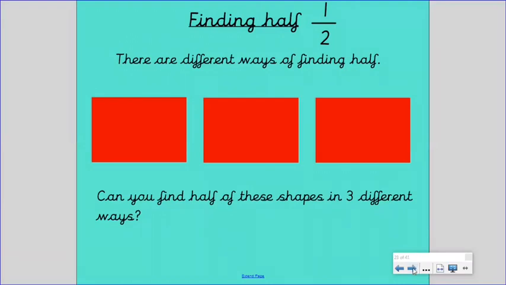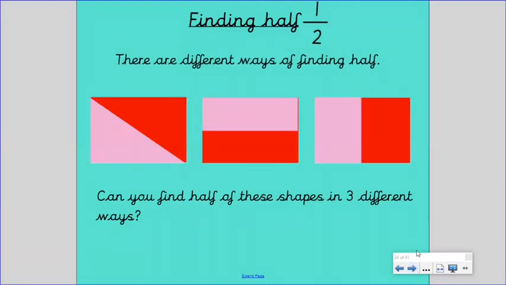Let's go through it. So here are 3 different ways that you could show half of these shapes. We could go across diagonally, and we've got 2 equal halves. We could go across the middle from the left to the right. We've got 2 equal halves like that, or from top to bottom, 2 equal halves. Well done.